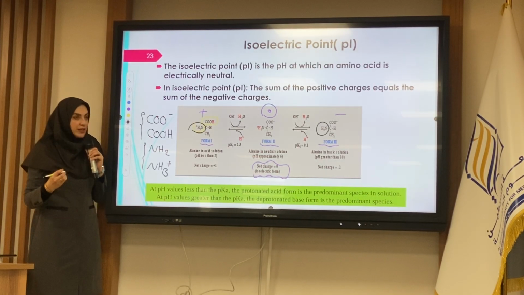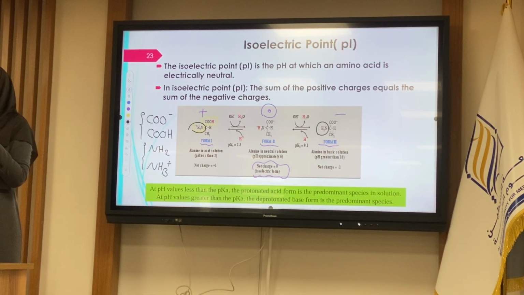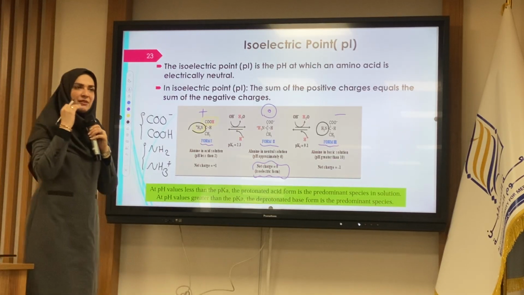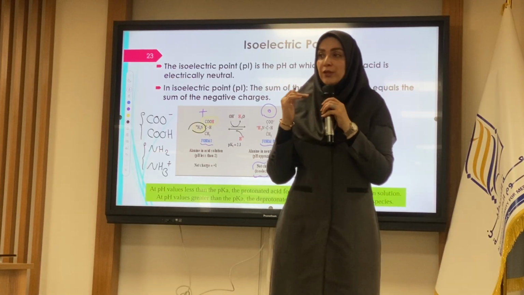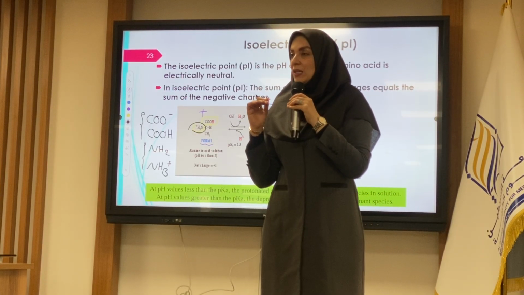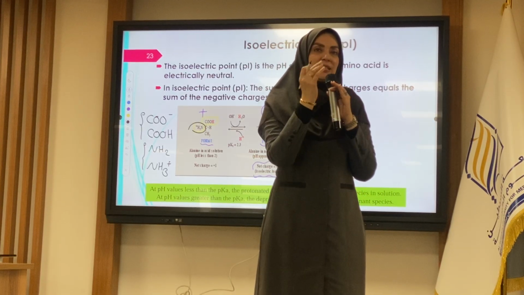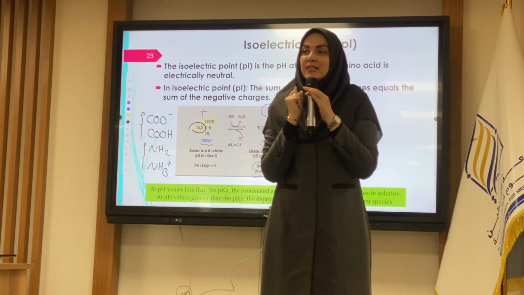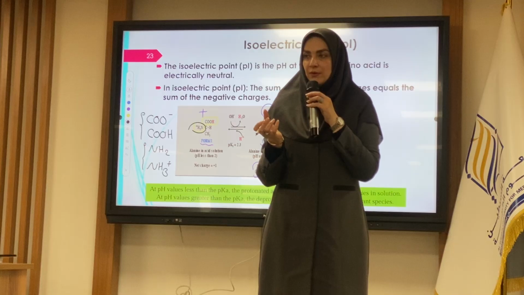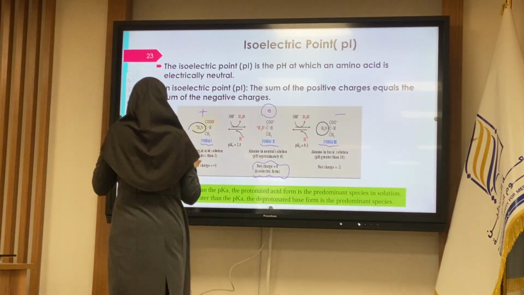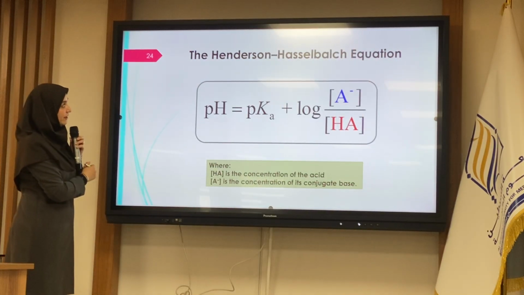But for all the neutral amino acids, glycine, valine, cysteine, serine, threonine, phenylalanine, tyrosine, tryptophan, because their R groups cannot participate in releasing and taking a proton, they are considered generally simple amino acids. But we have other types, acidic and basic amino acids. I will explain in the next slide.